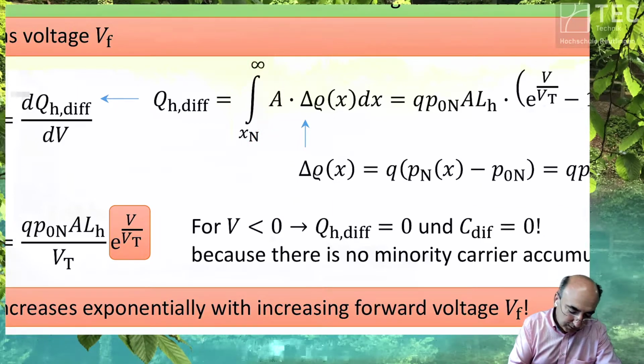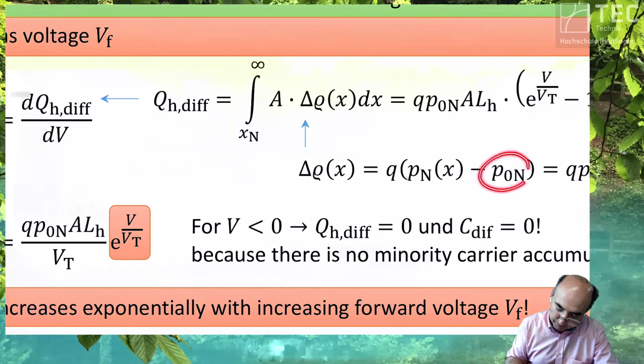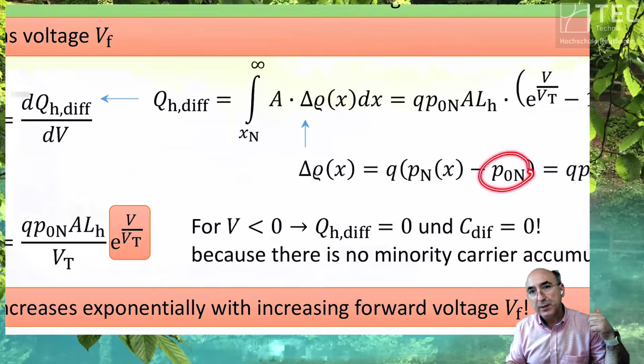In order to have the charge value itself, you need also the area. And we don't need the overall value. We need just the value above the thermodynamic equilibrium value, because the rest is required for neutrality.